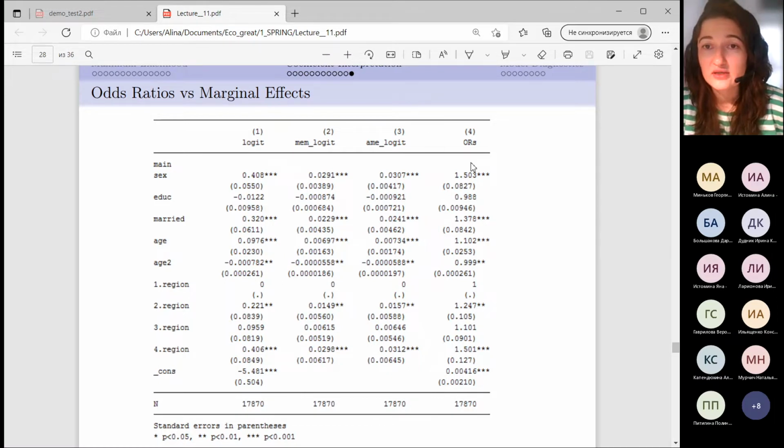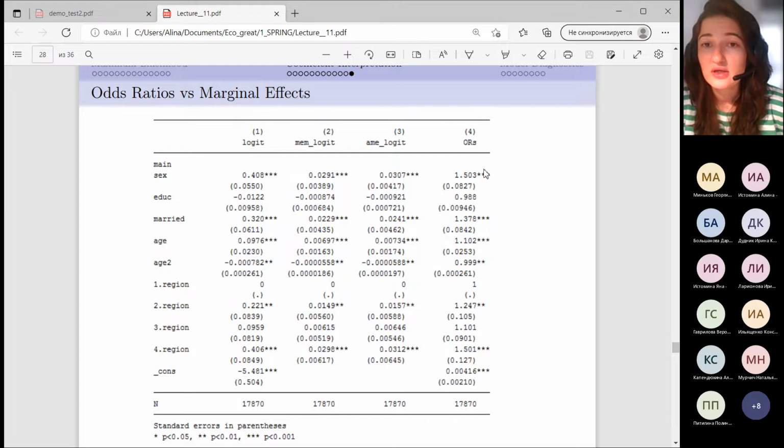Okay, again, let me repeat the same. Being a male puts the respondent at 1.5 times greater odds of being self-employed if we compare with the females, for example, holding all other factors fixed.